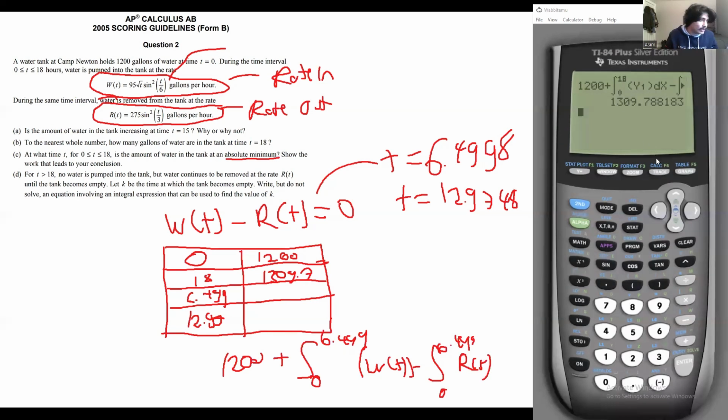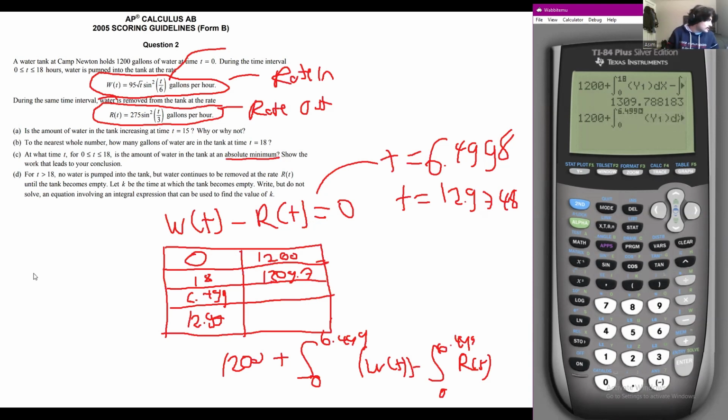Since I already have that in my calculator, I'm just going to take it and change my last points, because that's the only difference. 6.499 should be approximate enough to give me a correct answer.